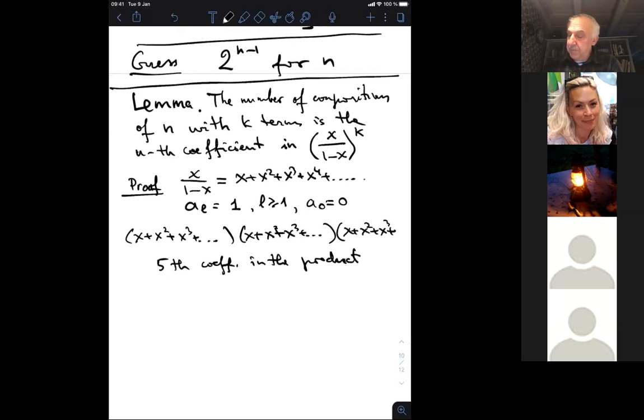For example, if we're picking 2 from here, and then 1 from here, and then another 2 from here, this will contribute to x to the power 5. And this corresponds to 2 plus 1 plus 2.